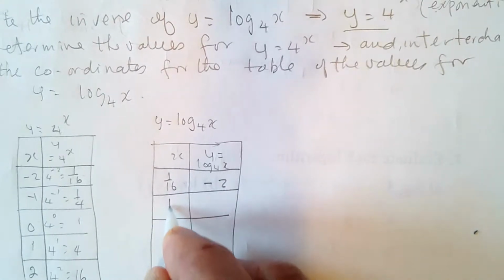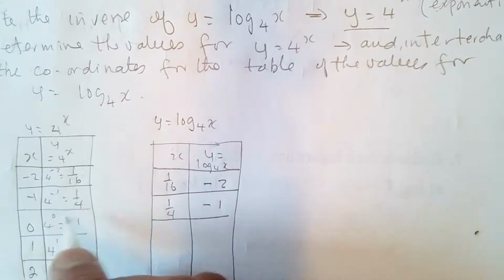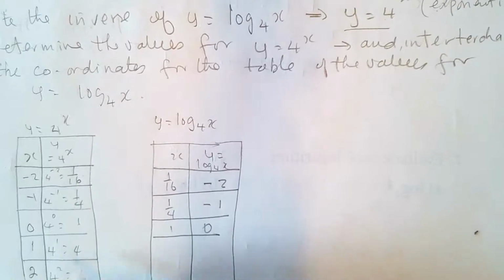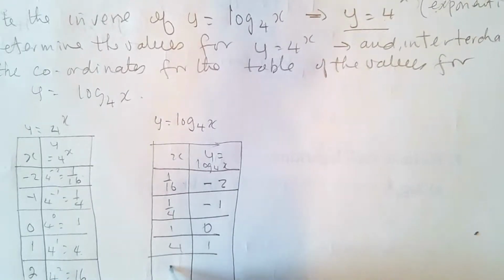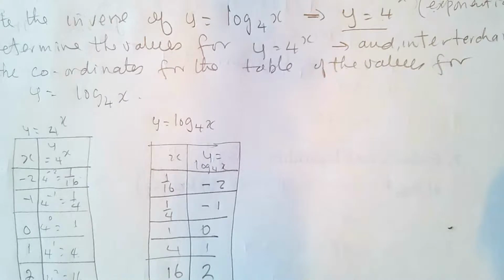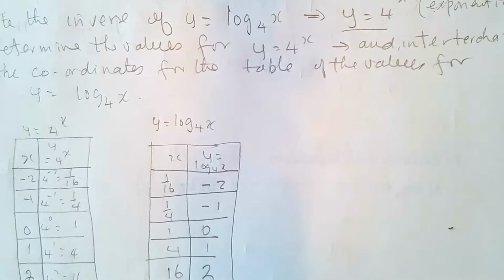Then we have 1/4, which gives -1. Then 1, 0. Then 4, 1, and 16, 2. So now we have our coordinates for the graph. By the way, you can sketch both of these and you'll see it's a reflection.